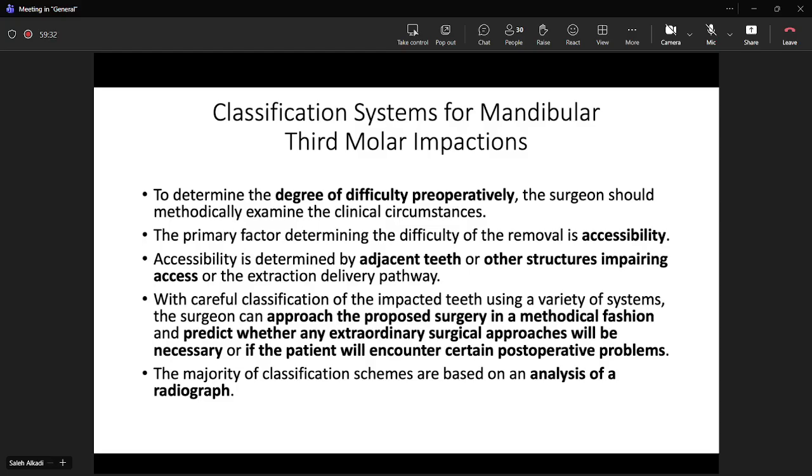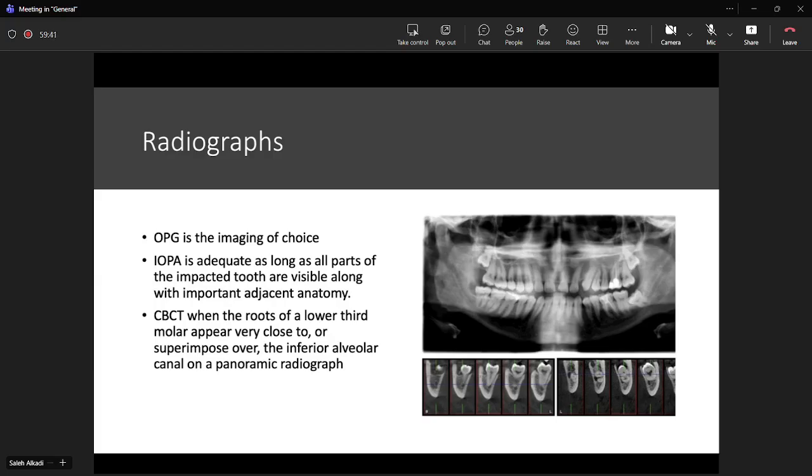But if you look at the old literature, the classifications are mainly based on the analysis of radiographs only. And in terms of radiographs, we mainly talk about the OPG, which is the imaging of choice because it's available.